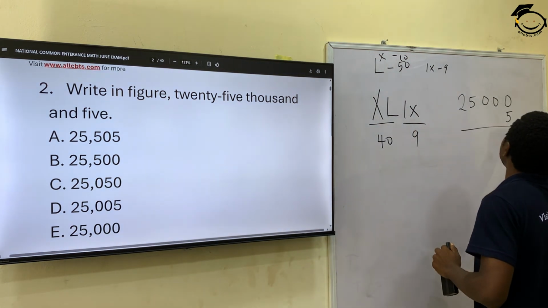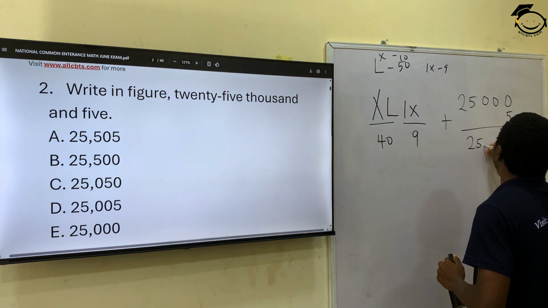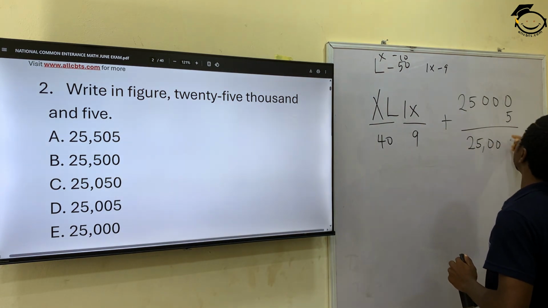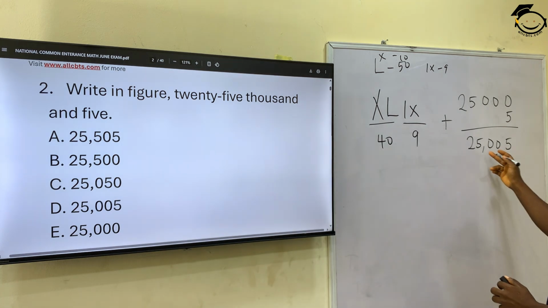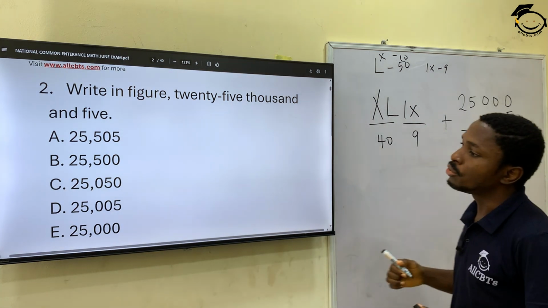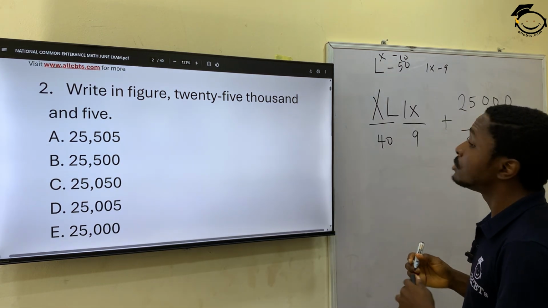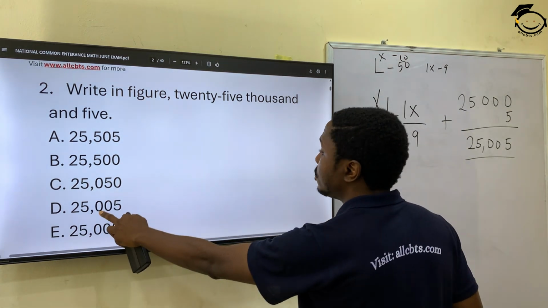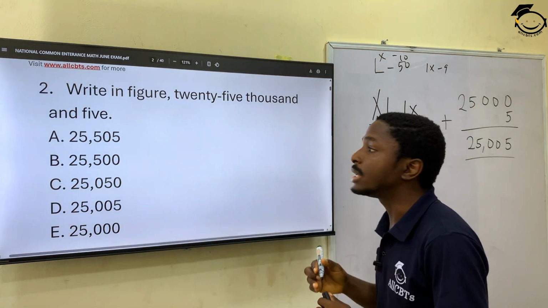So you just need to add it: 25,000 plus 5. Make sure you put your comma after the third number from the right. Here you put your comma. So the correct option will be D, 25,005, just as you can see in my work there.